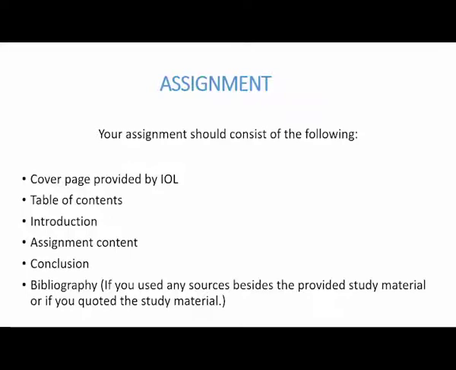First of all, it's imperative that your assignment has a cover page, and the cover page is provided by IOL. You must make sure that you have a table of contents, and then your assignment should have an appropriate introduction. I would like to elaborate on the introduction.